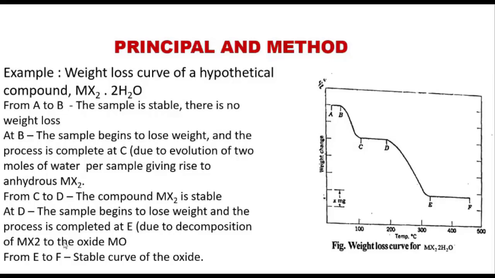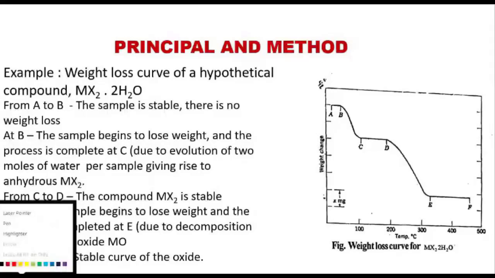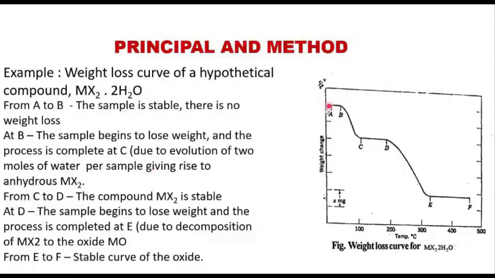So for example, you can take a hypothetical compound MX2·2H2O. 2H2O is water of hydration, and suppose it is heated. When it is heated, from A to B on the curve, the sample is stable and there is no weight loss.